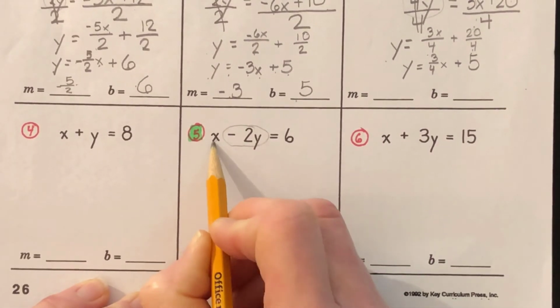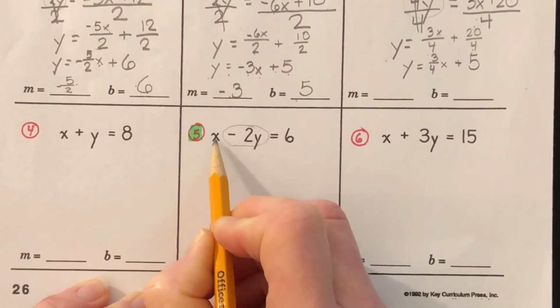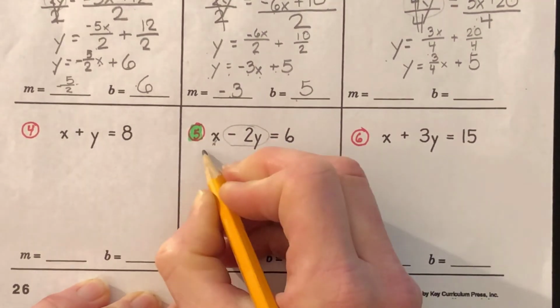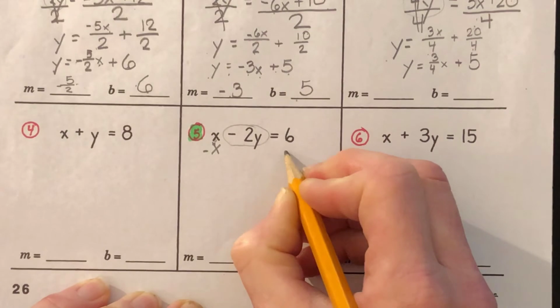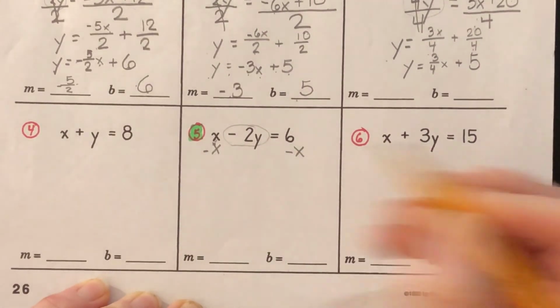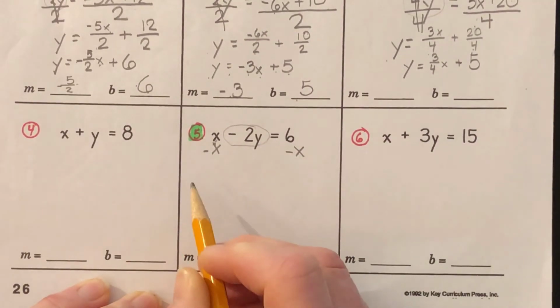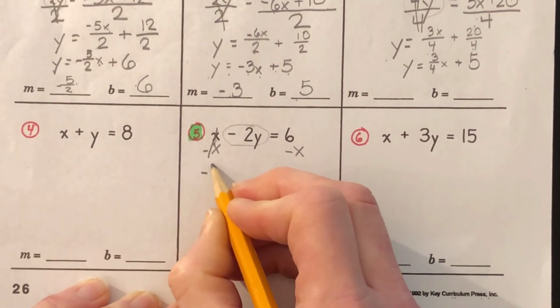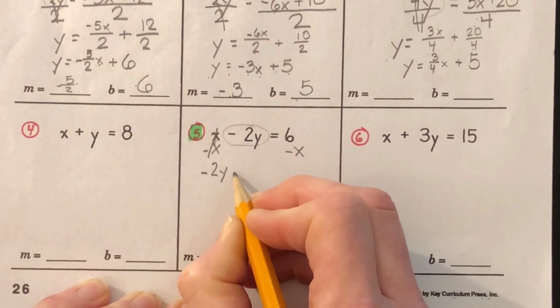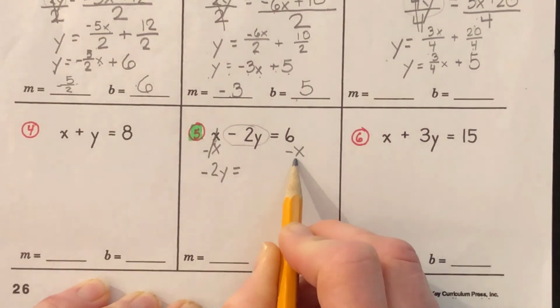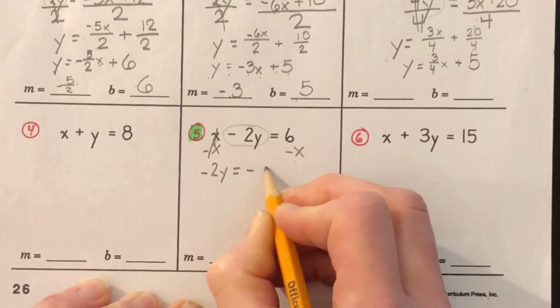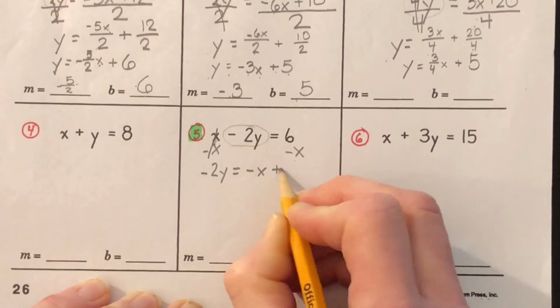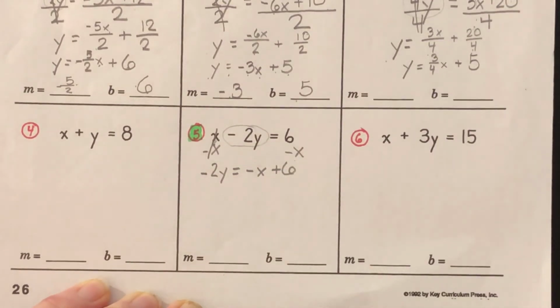We want to get rid of the x. The opposite of positive x is minus x. So we subtract x from both sides. Now that's gone, negative 2y equals, here we go, negative x plus 6.